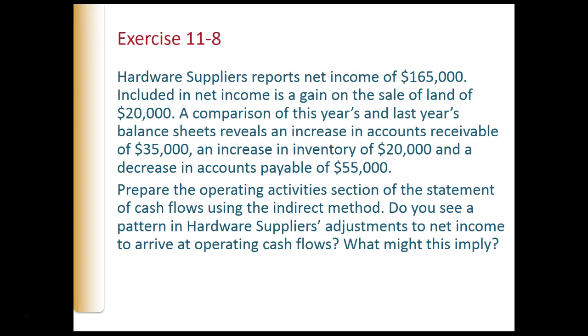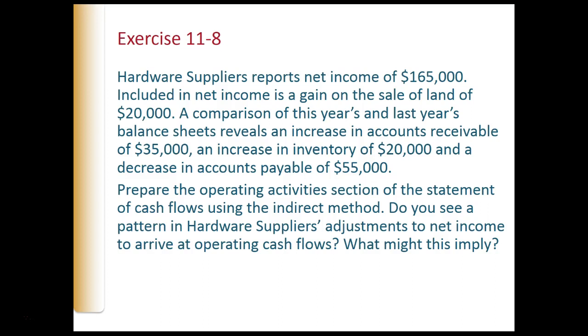Let's take a look at an example. Hardware Suppliers reports net income of $165,000. Included in net income is a gain on the sale of land of $20,000. A comparison of this year's and last year's balance sheets reveals an increase in accounts receivable of $35,000, an increase in inventory of $20,000, and a decrease in accounts payable of $55,000.